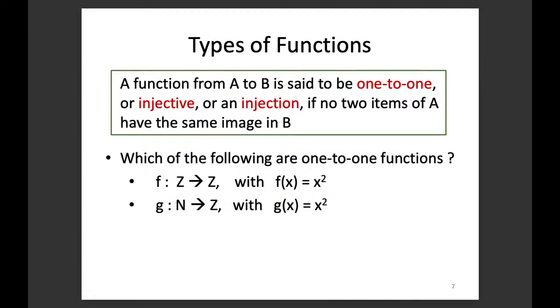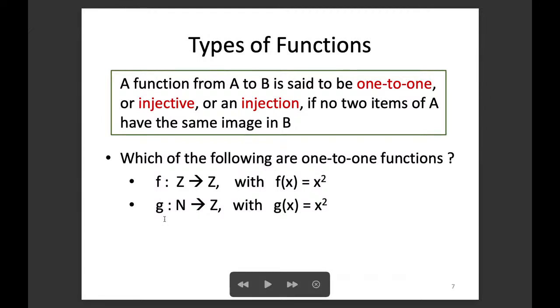We just need to give an example. For instance, f(2) and f(-2) both have the same value, 4. So 2 and -2 are mapped to the same location. It is 2-to-1, not 1-to-1, so it is not a one-to-one function.